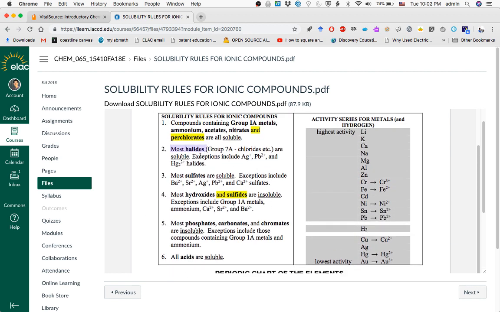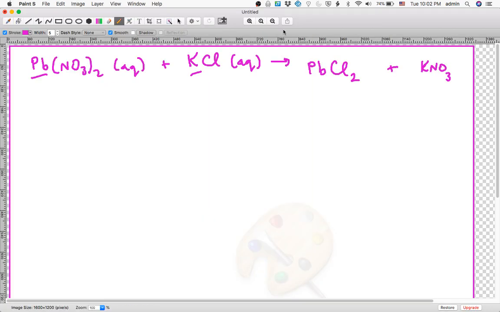Well, lead 2 chloride is a halide, so it must be soluble. Exceptions include silver, lead, and mercury 1 halides. Oh, well, that changes things. Lead 2+ is an exception. So that means lead 2 chloride is not soluble. Oh, wow. Okay, so if that's not soluble, that means this is a solid.